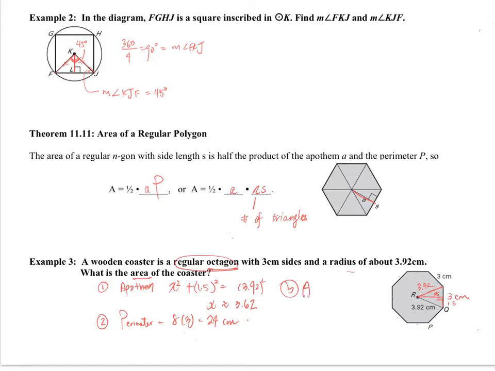Area would just be half times 3.62 times 24, which is about 43.46 square centimeters.